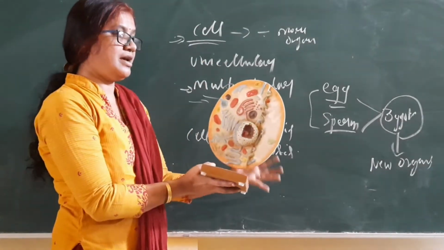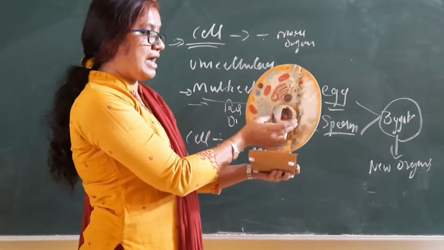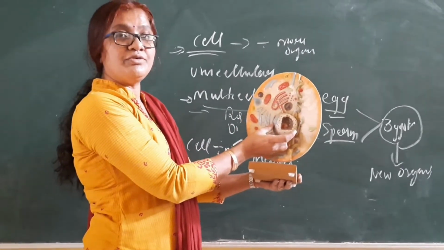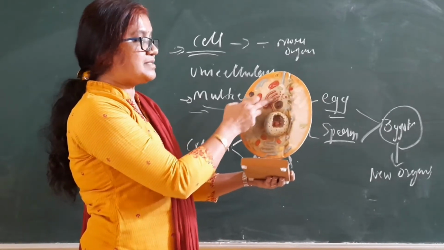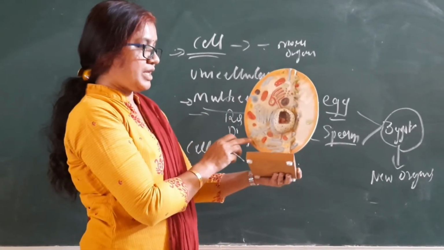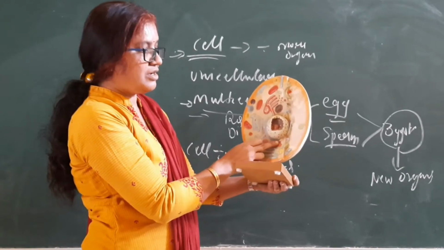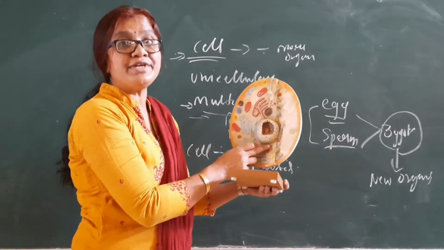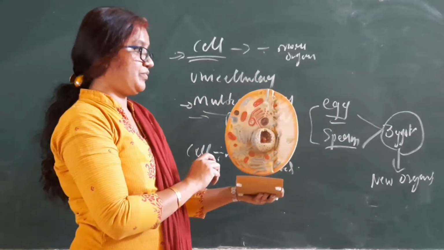And this is the animal cell. The animal cell has a nucleus, nucleolus, endoplasmic reticulum, mitochondria, and very close to the nucleus there is a pair of centrioles, and centrioles are absent in the plant cell.